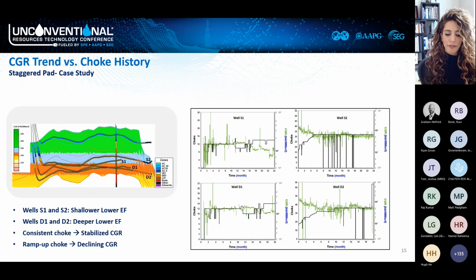This hypothesis offers the notion that you have wells that have fractures that grow into upper layers, different formations that are different in richness level. In the example of this particular pad, we have upper Eagle Ford, which is a richer formation.